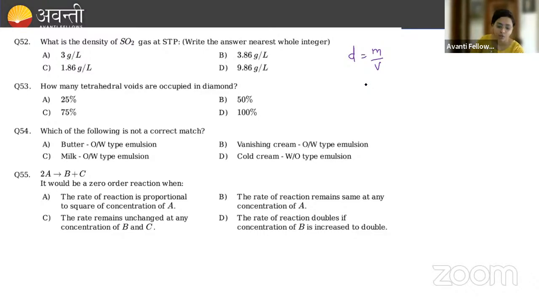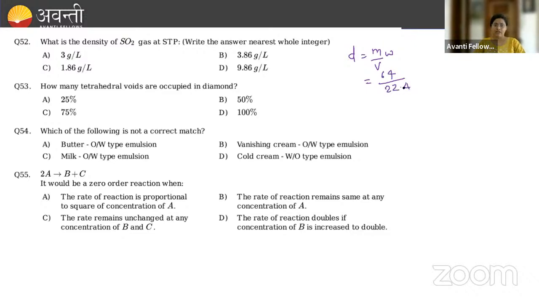Or you can say molecular weight of the given molecule. What is the molecular weight of SO2? Sulfur atomic weight is 32, oxygen O2 is 16, 16, that is 32. So the total is 64, divided by the volume, which we have to take as 22.4.